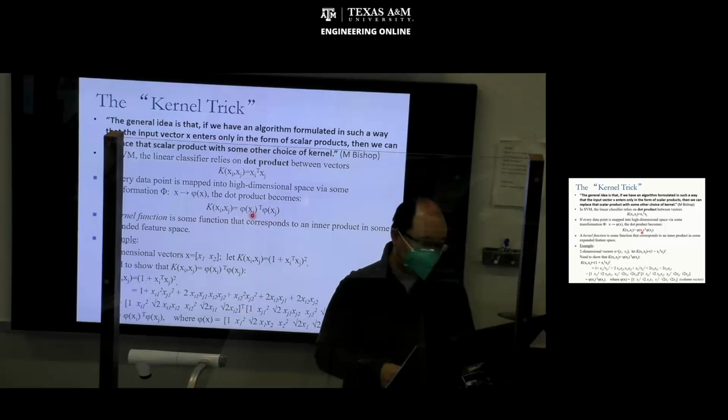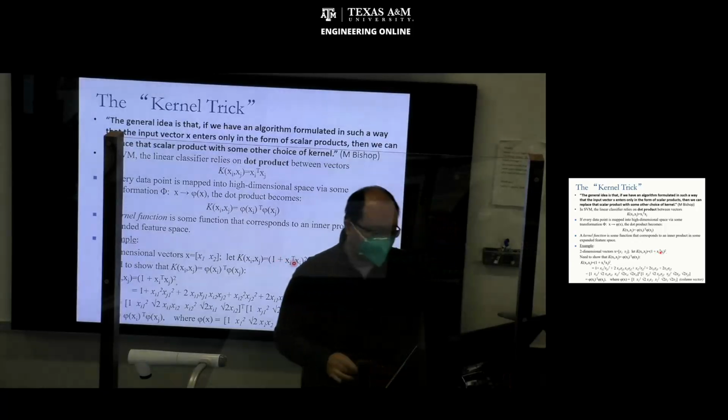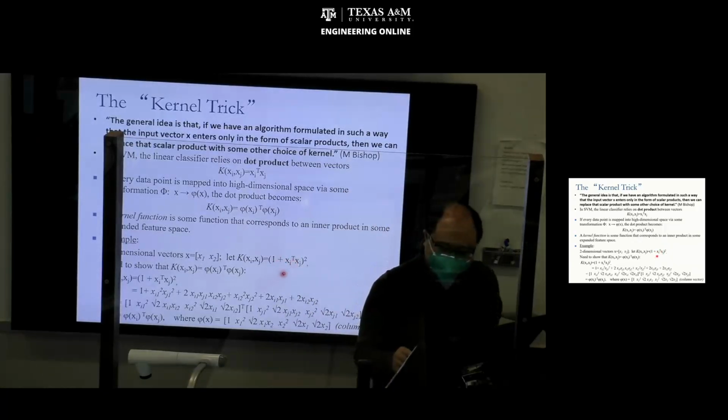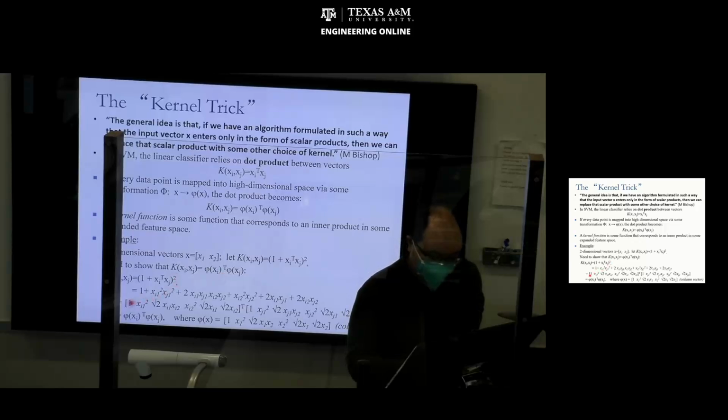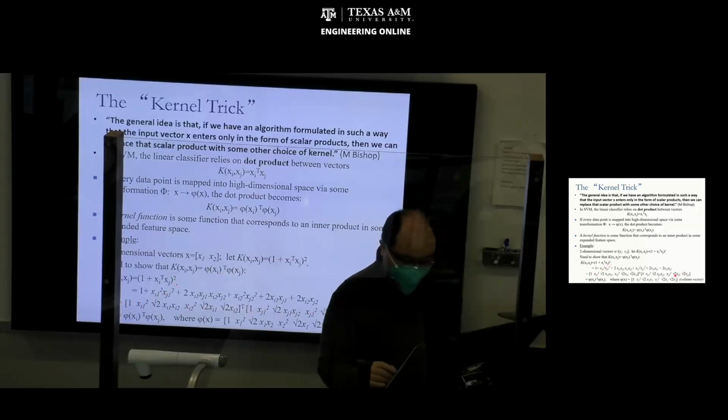For instance, this is one example. You have a kernel which is 1 plus the inner product, squared. Then you have to factorize it into phi transpose times phi. Then you can do this and find one example in this case.